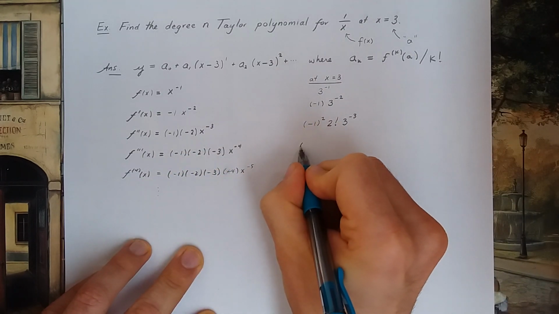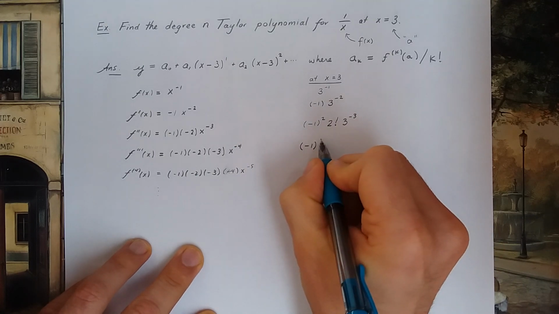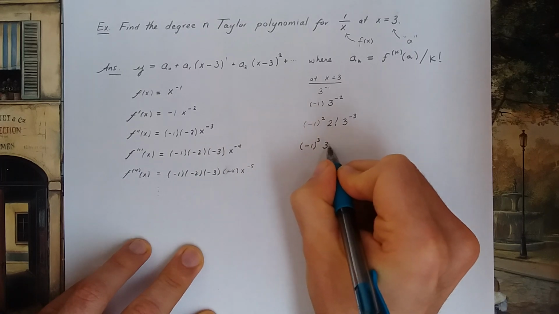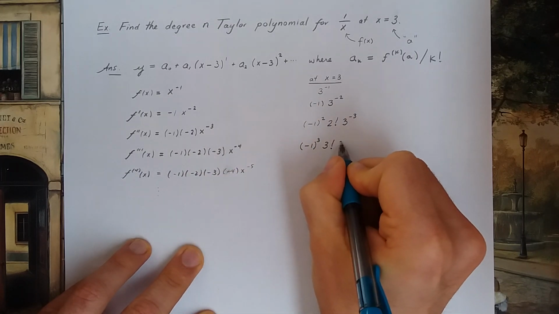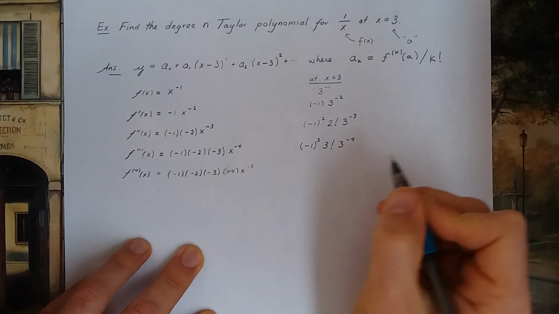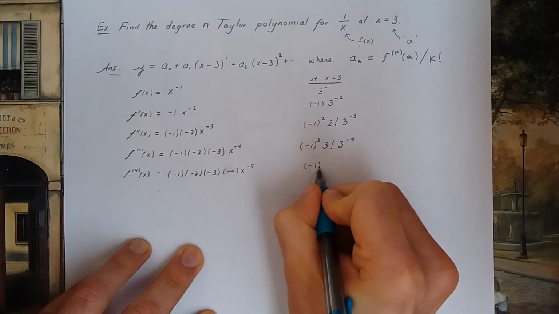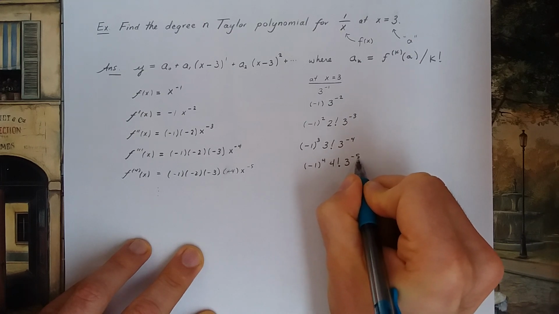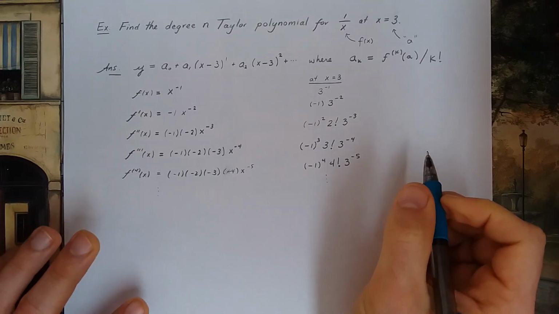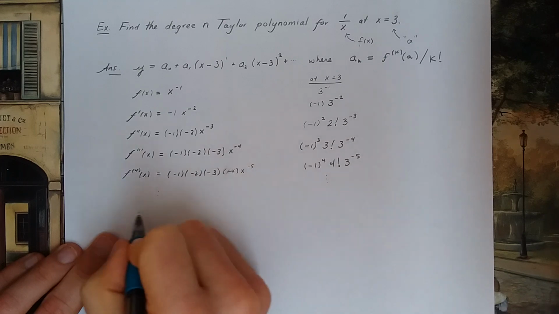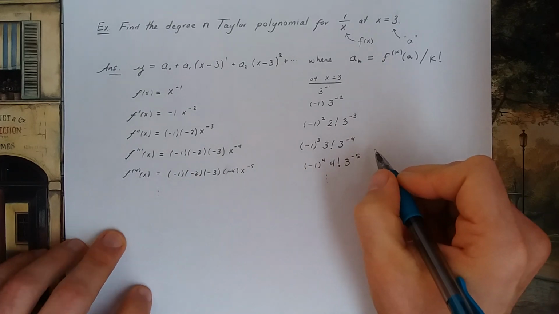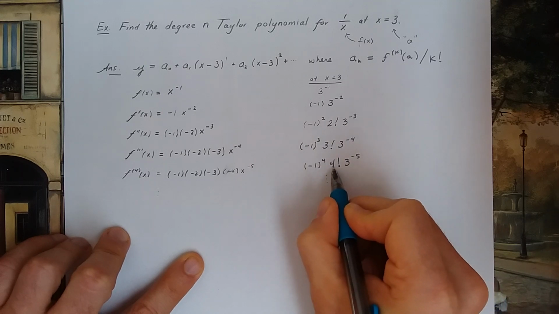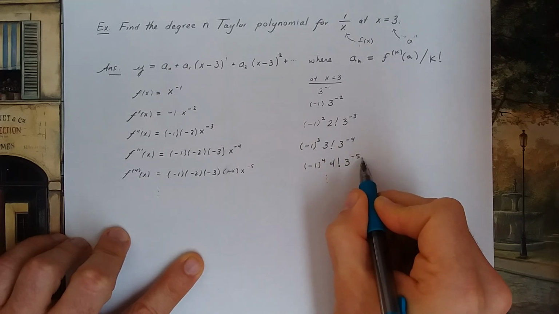The third derivative, negative 1 to the third power times 3 factorial, 3 to the negative 4. The fourth derivative, negative 1 to the fourth power, 4 factorial, 3 to the negative 5. So in general, the kth value here will be negative 1 to the k, k factorial, 3 to the negative k plus 1.